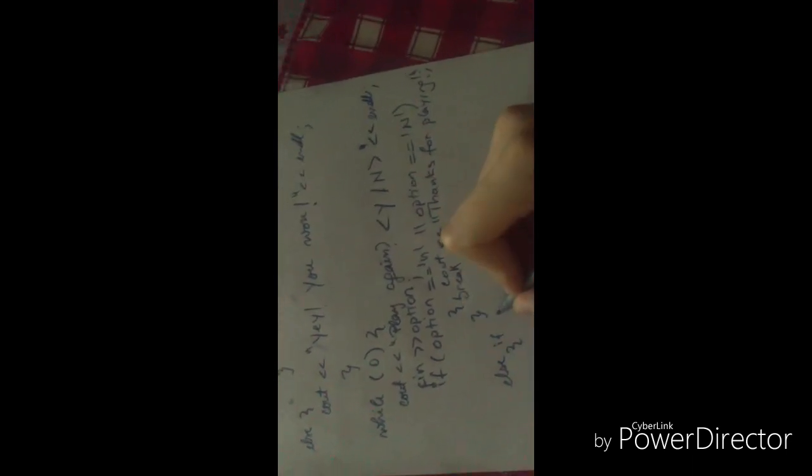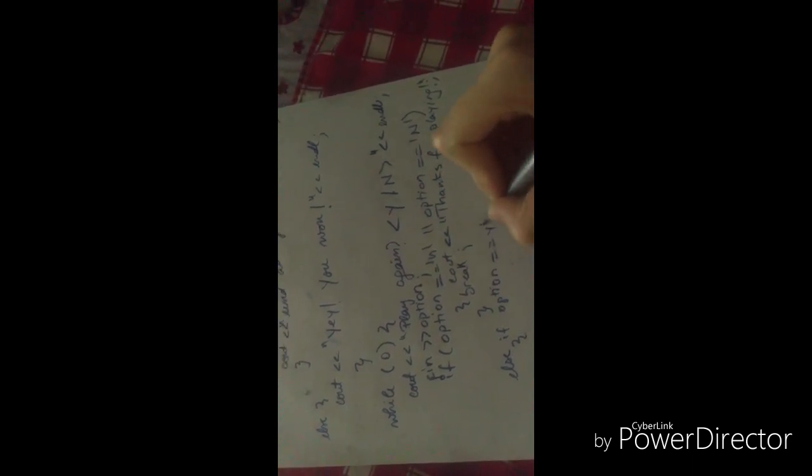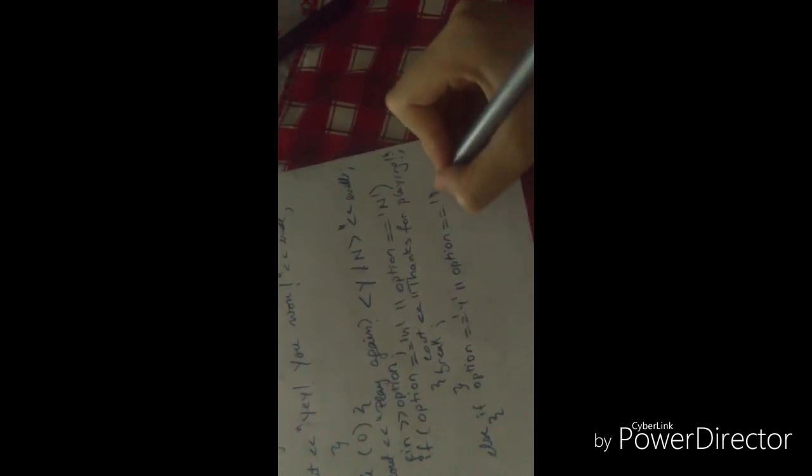And then else, we can say else if option equals y, but we can just assume that we have two options, so else is just y. But for the sake of making the program work perfectly in each case, we're just going to say else if option equals y, or option equals capital Y, cout endl.